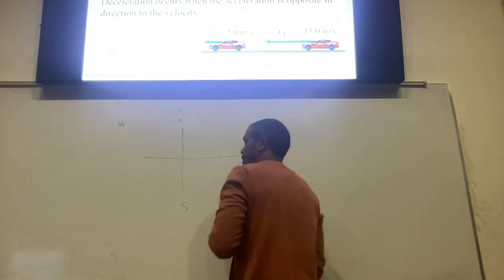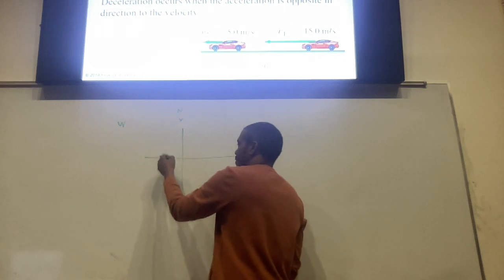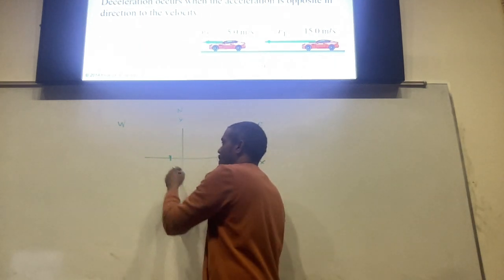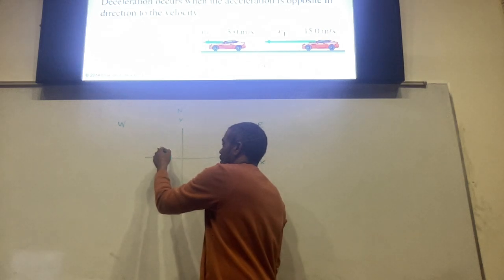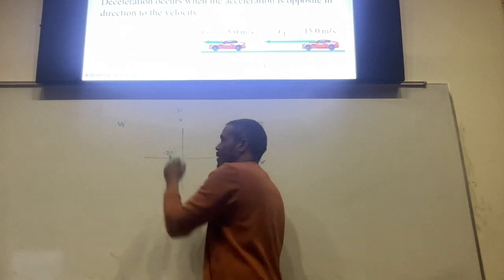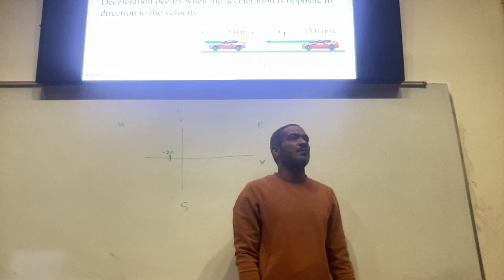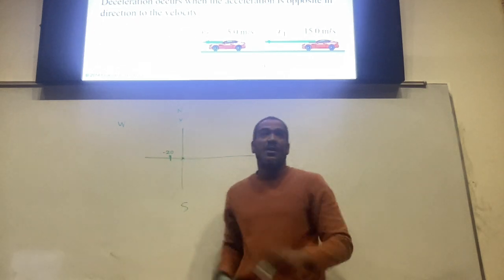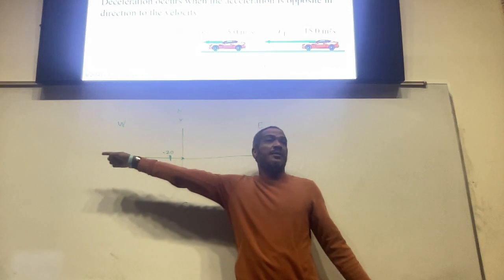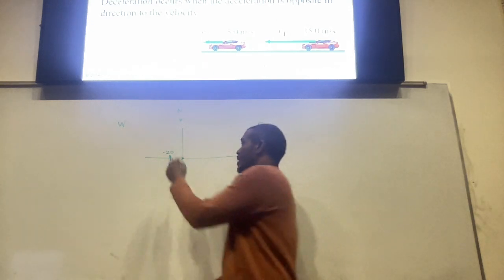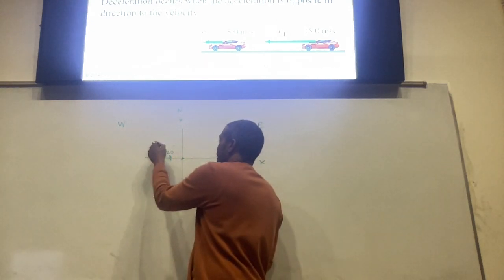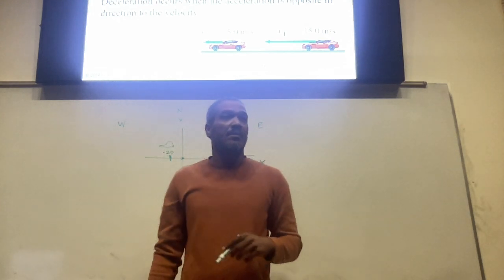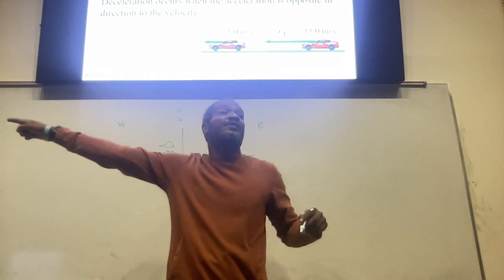So I could start from right here. Say for instance, I start here. This is negative 20. Y'all follow what I'm saying? This is 0 right here. So all numbers this way are negative. So my car is here, and I say the car accelerated in the westerly direction.